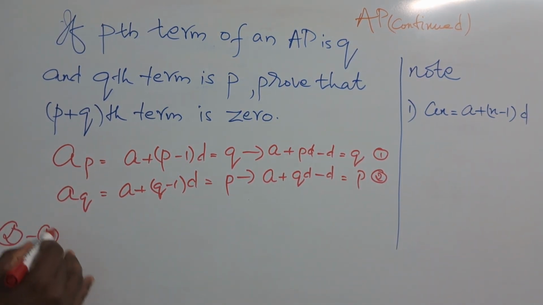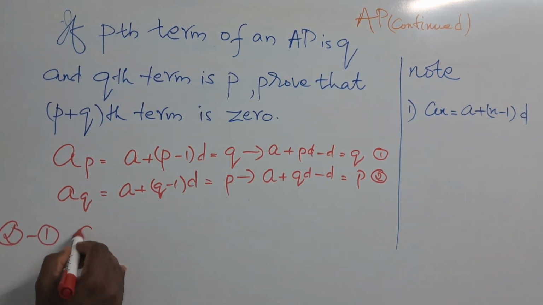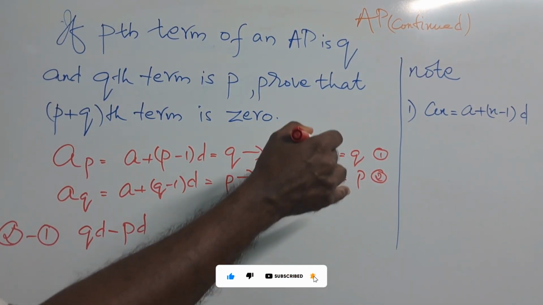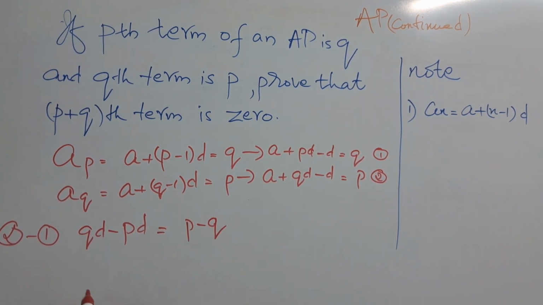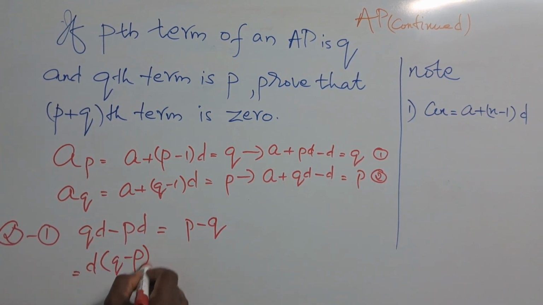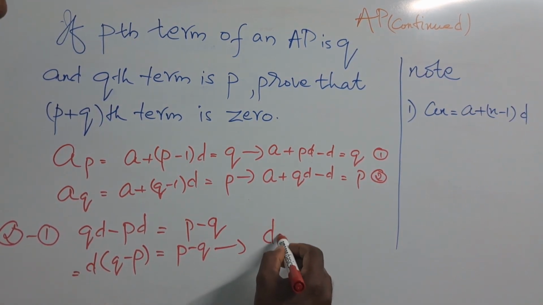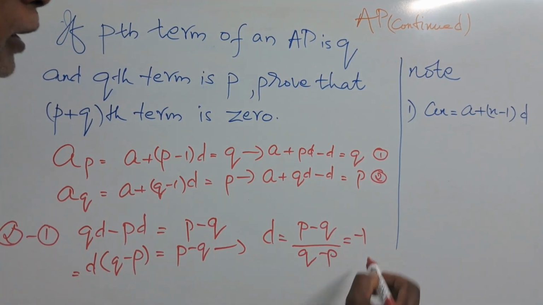Equation 2 minus equation 1: A minus A is 0, QD minus PD, and minus D plus D is 0, is equal to P minus Q. Taking the common term out of the two terms, D into (Q minus P) is equal to P minus Q. D is equal to (P minus Q) by (Q minus P), which is equal to minus 1.